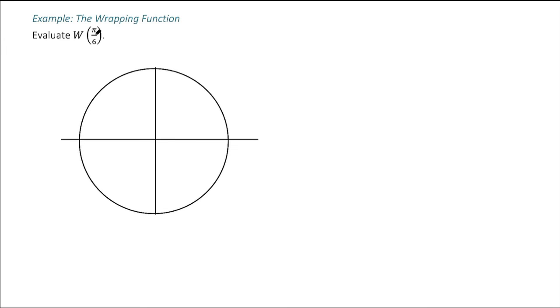And this number, pi over 6, turns out to be the same thing as the angle in standard position. So pi over 6 radians in degrees, we can get by multiplying by 180 degrees over pi. And that gives us 30 degrees.